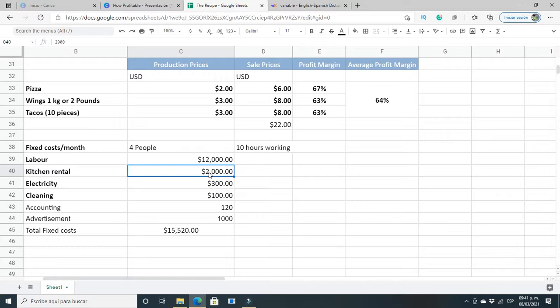And then the electricity that you have to pay, the cleaning, the accounting, because you have to pay the taxes, and the advertisement. This budget may change according to the amount of money that you want to gain in the future, because when you increase this number, obviously you're going to reach more people, and more people will know about your cloud kitchen, and probably they will want to purchase from you.